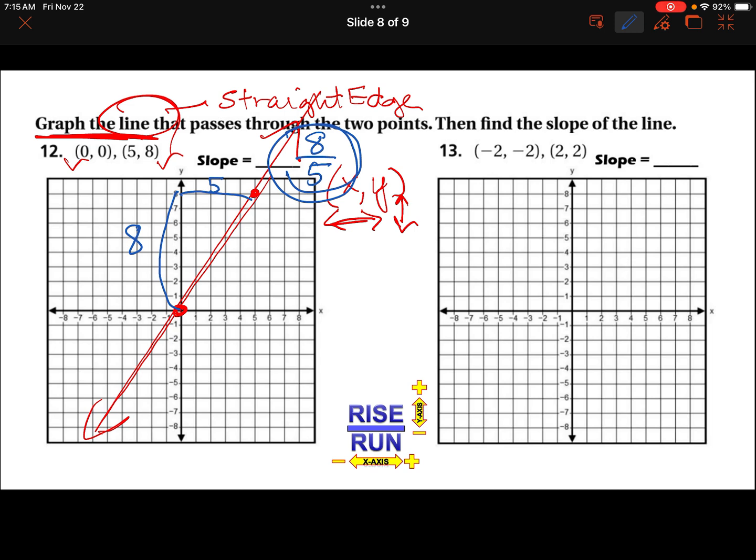For number 13, pause the video and give it a shot. When you're done and everybody's done, restart the video.